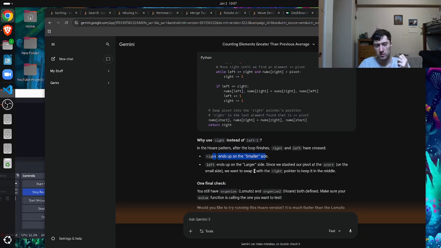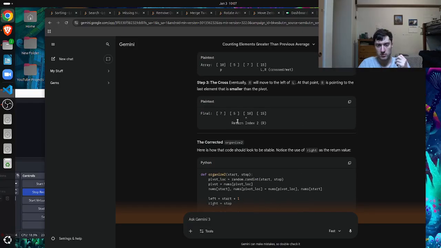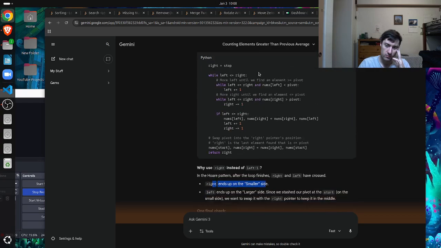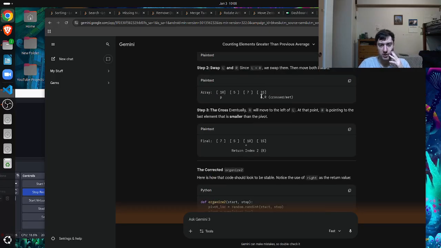Start with it in the middle. But right is pointed to this 15, isn't it?